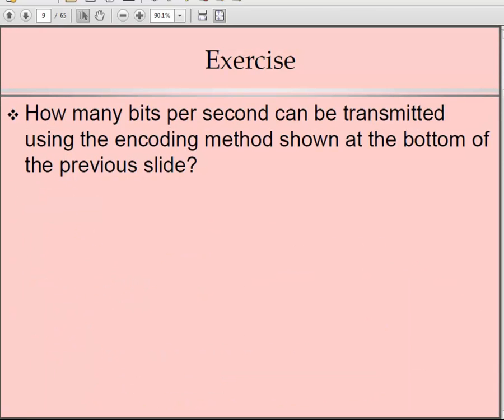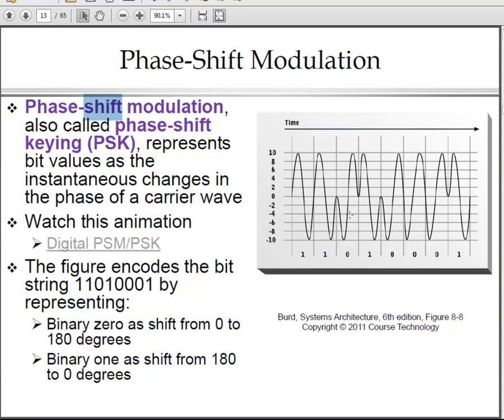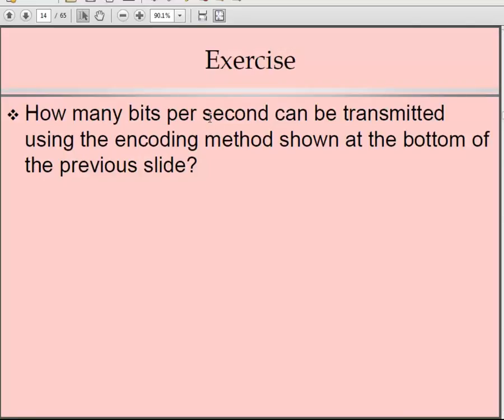In phase shift modulation, what's different is, am I starting at 0 or am I starting at 180? But in each case, it's still 1 wave cycle per bit. And so the answer here to how many bits per second can I get is essentially the same as it was for amplitude modulation.